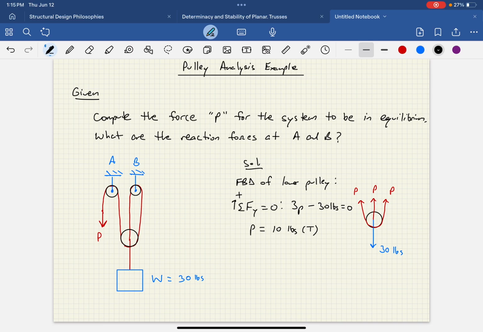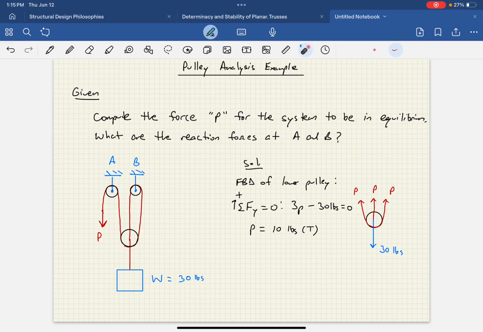Now, that's part of my answer, right? Obviously, that's the first part of the answer. What is the force P for this to be in static equilibrium? So if we pull down with 10 pounds here, then this whole system, including the 30-pound weight, will be in equilibrium. That's great. But now we need to find the reaction forces at A and B.